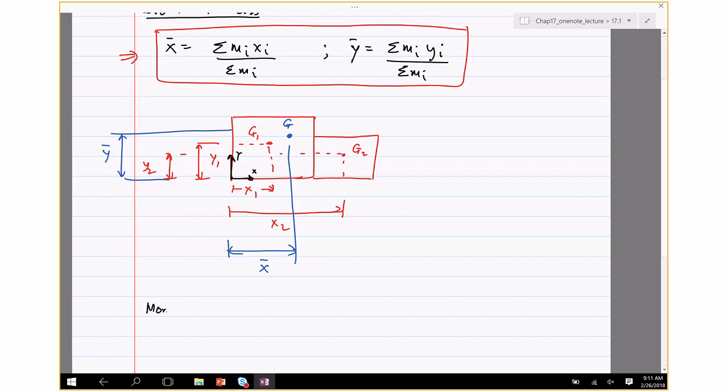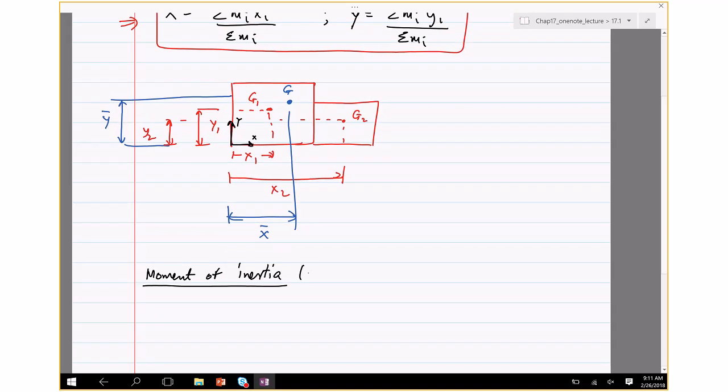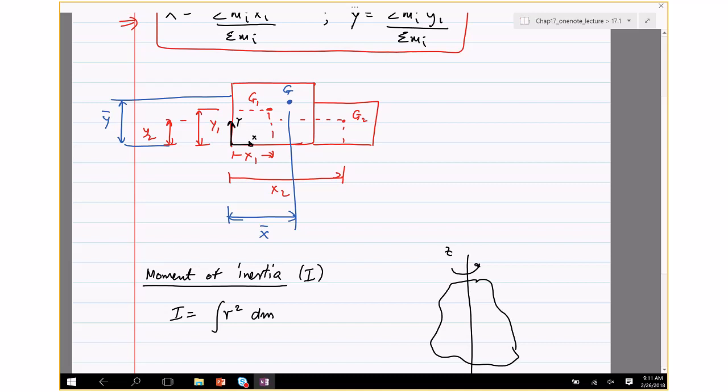The second thing is called moment of inertia. The moment of inertia is defined as, it's called I, and I is the integral of r squared dm. So how do you compute it? Well, if you have a rigid body, and let's say that it's rotating about this axis, then you're going to take an element of mass dm at a radius r and take this integral across the whole mass of the body.